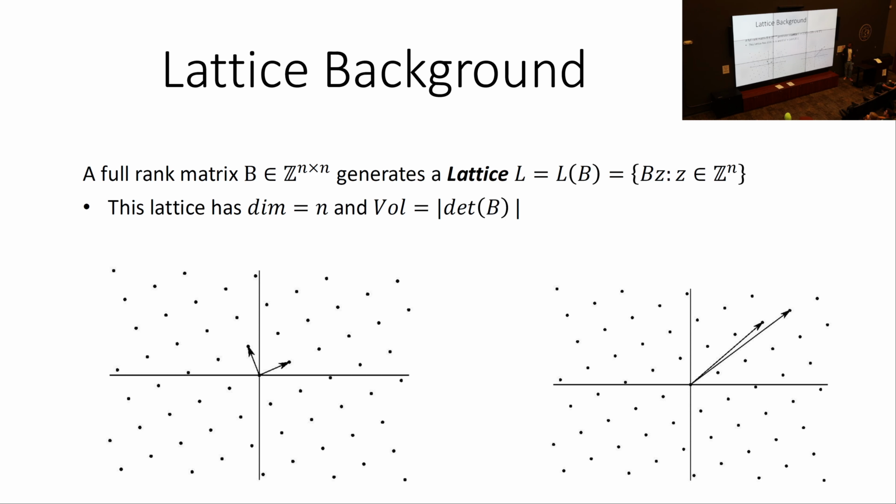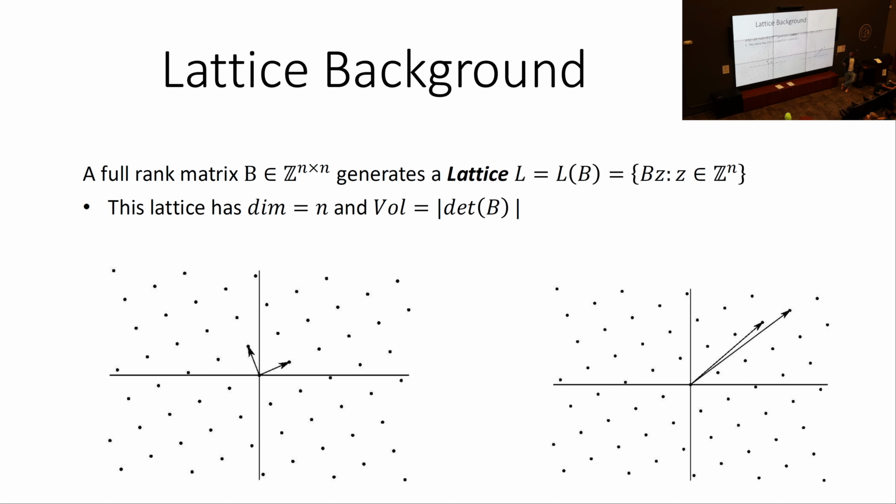This has already been discussed before, but just to start with, by lattice, I mean a discrete additive subgroup of Z^n. And algorithmically, you can define a lattice using a basis over Z^n.